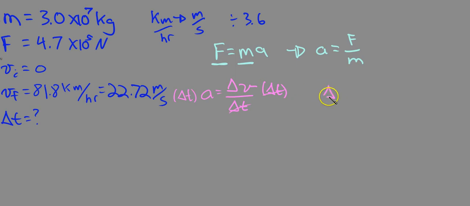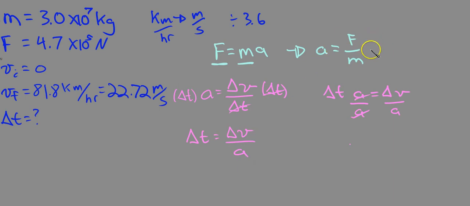So I have delta t times acceleration is equal to change in velocity. And then if I divide both sides by acceleration, I get change in time is equal to my change in velocity over my acceleration. So now I just need to figure these things out.